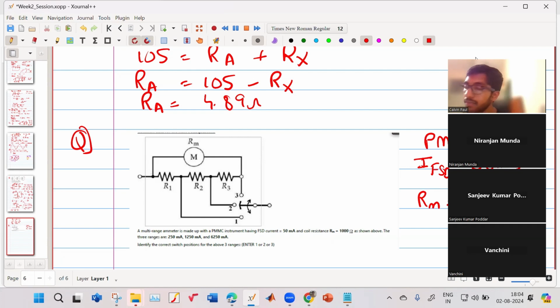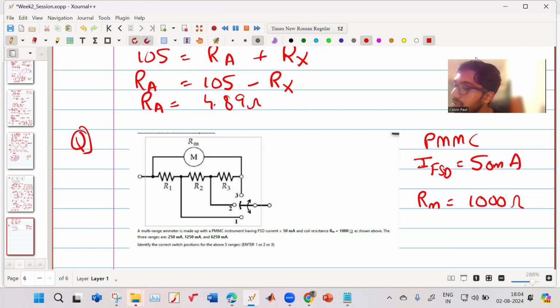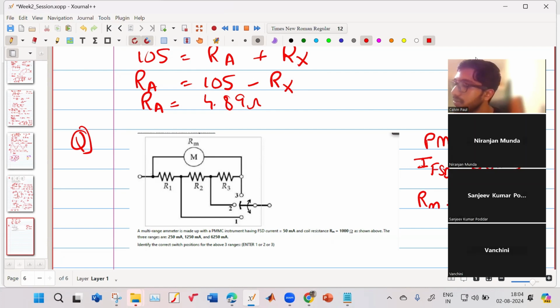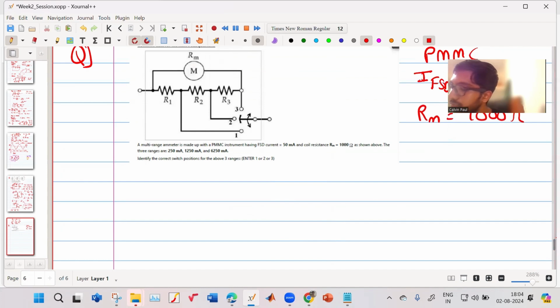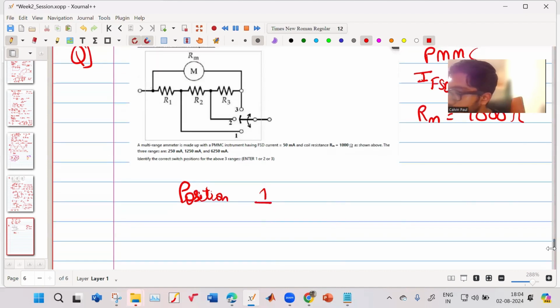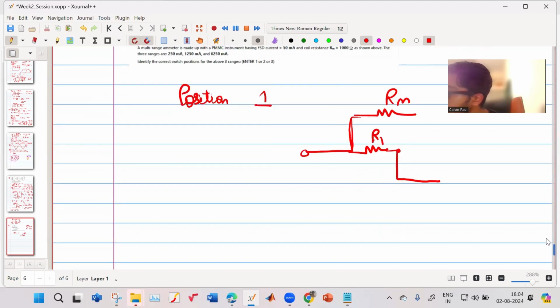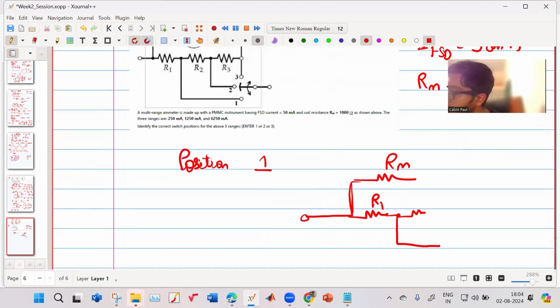At position 1, there will be some configuration of resistances. So let us consider position 1. This is Rm, coming over here. This is R1, this is R2, this is R3.